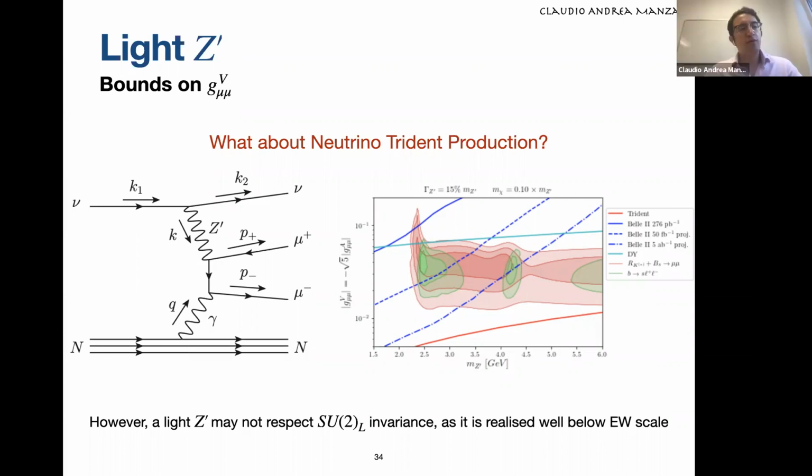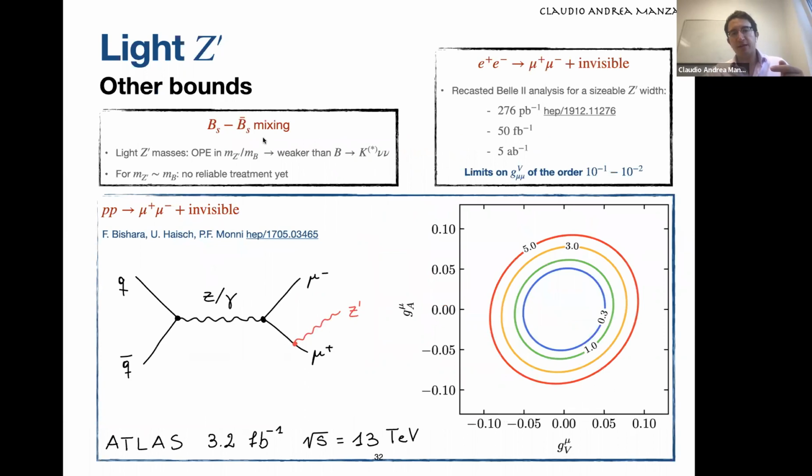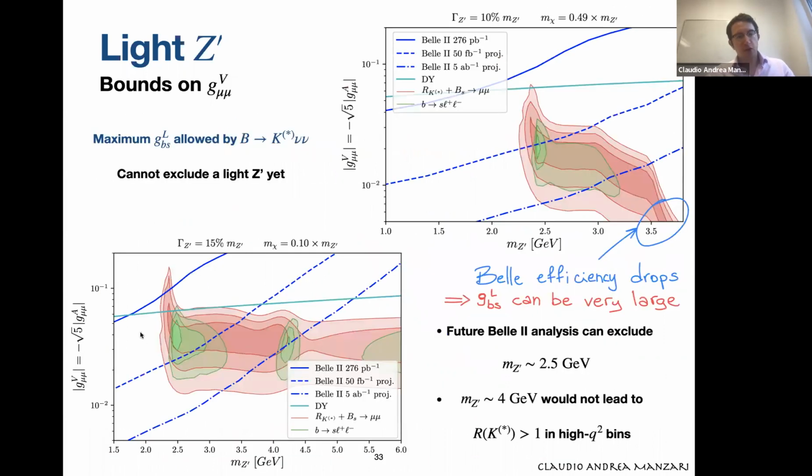If you assume that dark matter is so heavy that you don't have bounds from B to K plus invisible because you don't produce Z prime, then the strongest bounds come from B-S mixing. But the situation is even worse, in the sense that, as I show in this plot, for low Z prime masses the current data and future projection move upward, so you test even less.